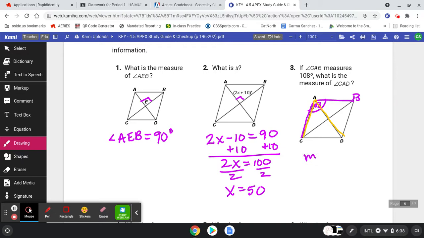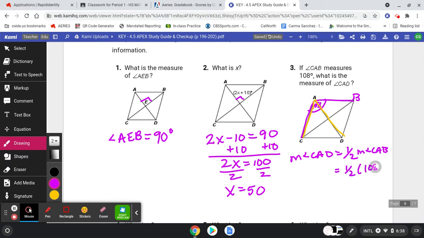So the measure of angle CAD is half the measure of angle CAB. Sorry, I ran out of space, everybody. So half of the 108 is 54.